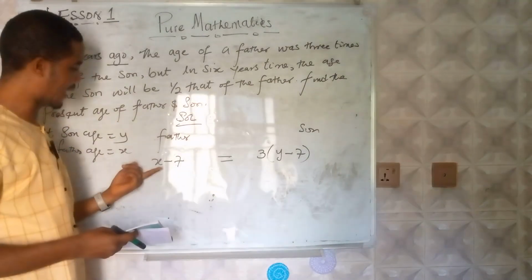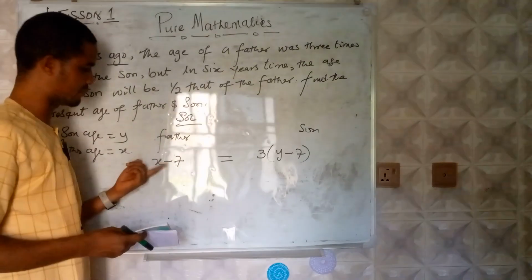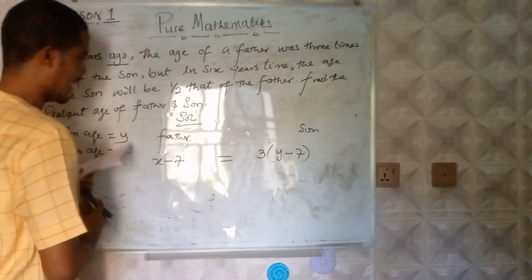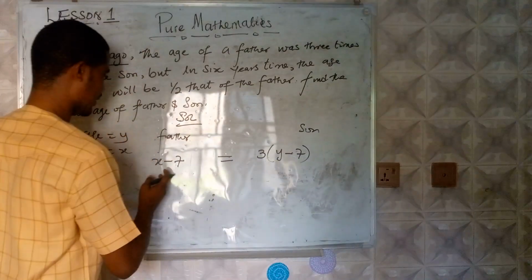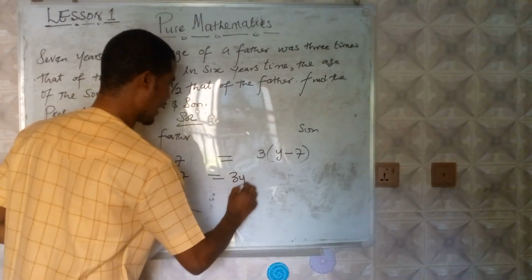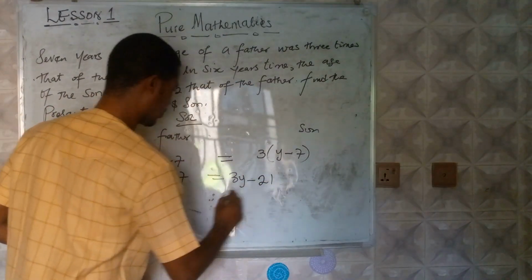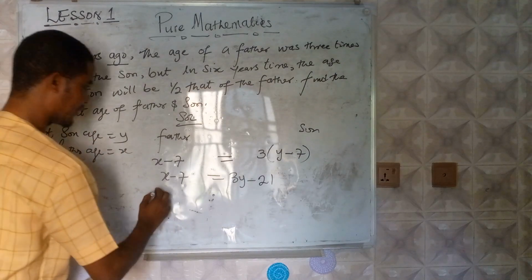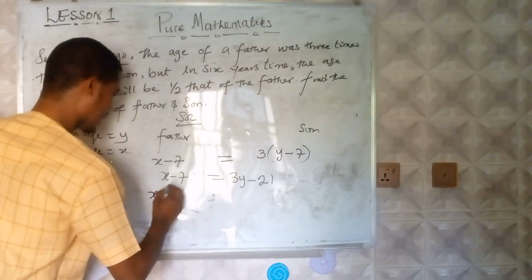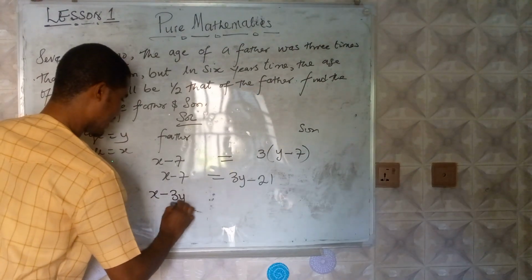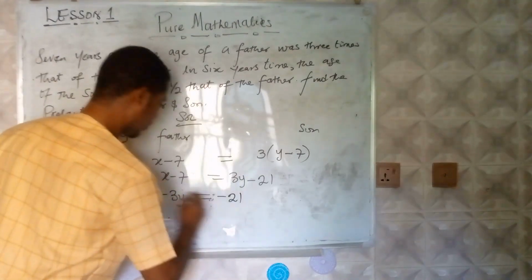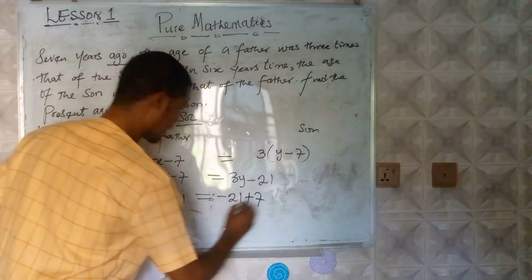I don't know if you understand what we have just done now. 7 years ago, the age of the father will be minus 7. That is because it's going to be minus. Then, at this junction, I have x minus 7 equals to 3y minus 21. I want to simplify. I have x minus 3y equals to minus 21 plus 7.